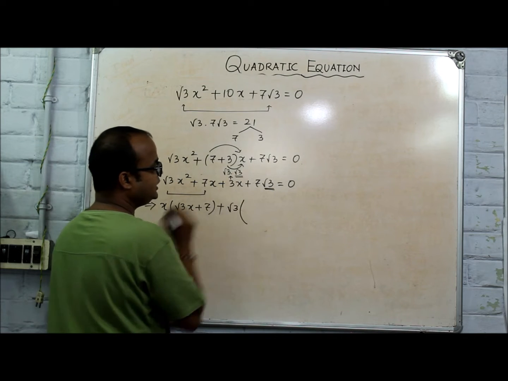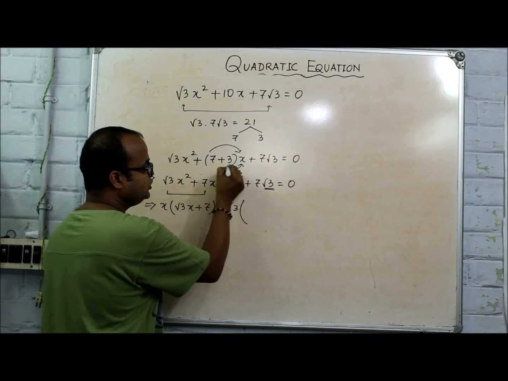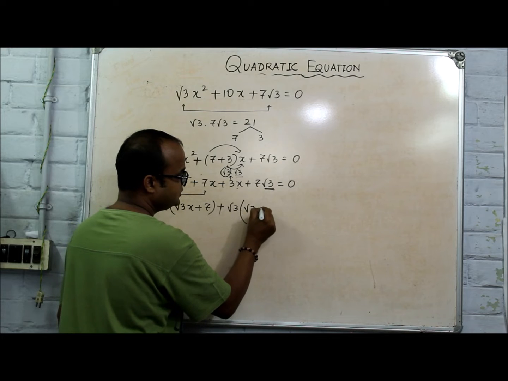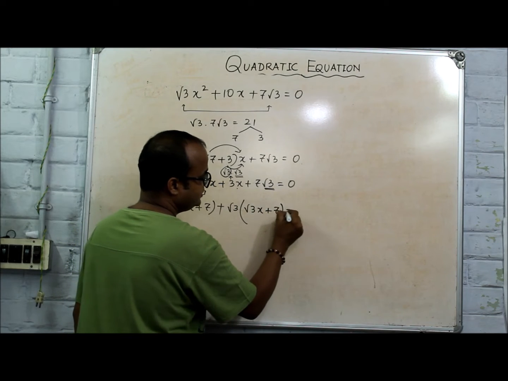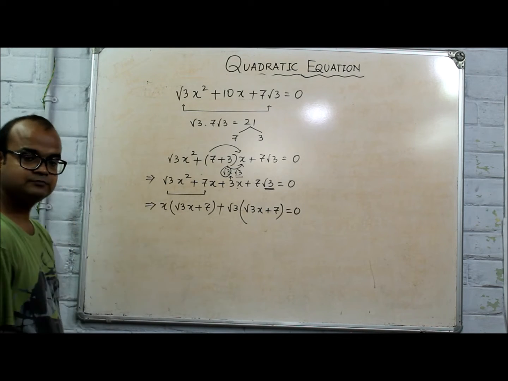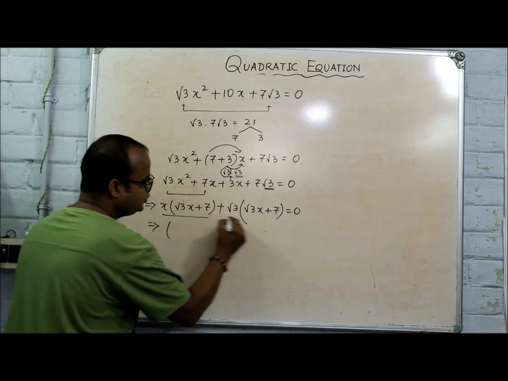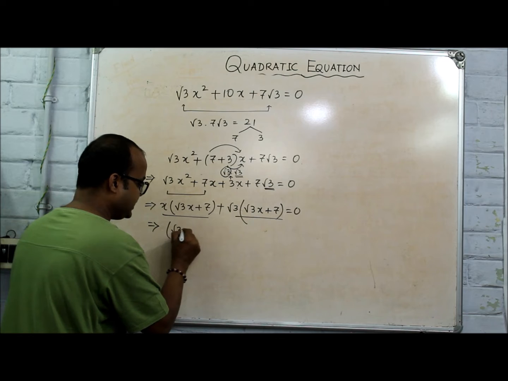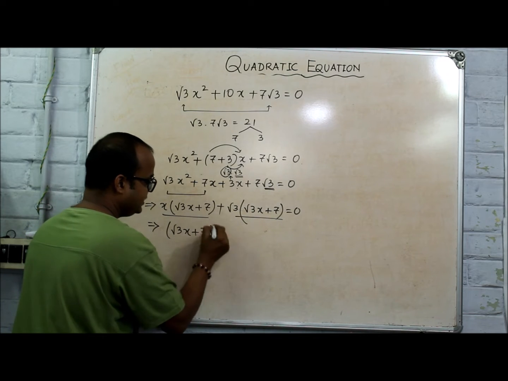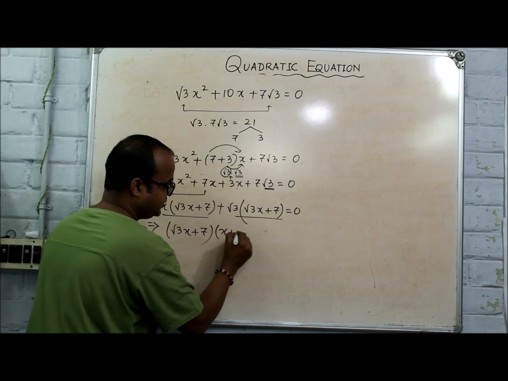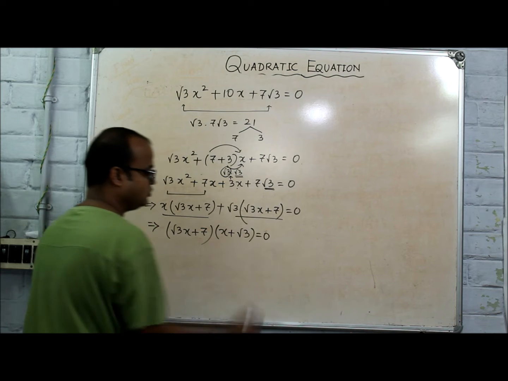If you take root 3 common, that will leave 1 root 3 into x plus 7 is equal to 0. Now from these two terms we can take root 3x plus 7 and x plus root 3 is equal to 0.